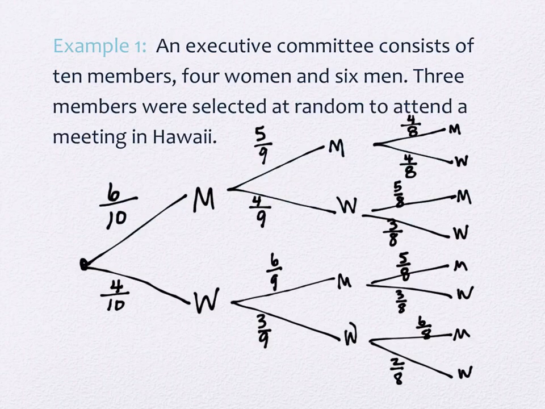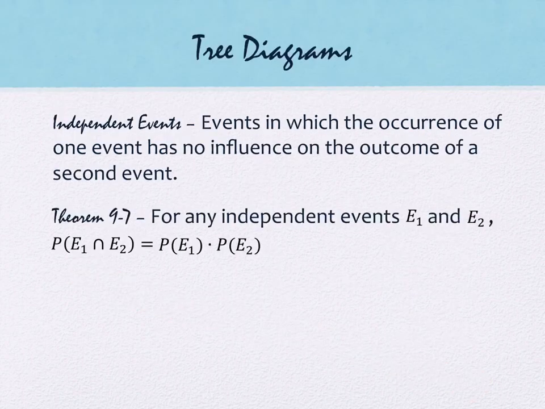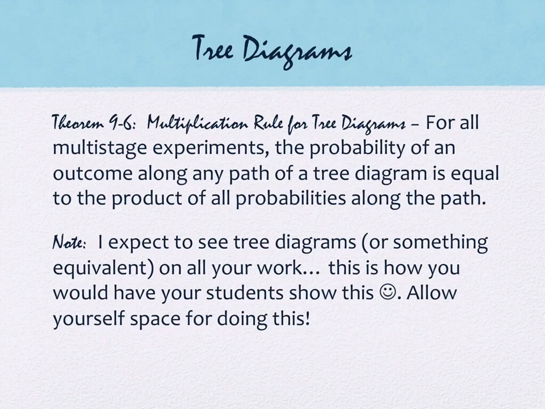So on our tree diagram, if I want to know the probability of selecting all women, it's asking me about this particular branch. Are you with me? And over here, we found that when we're working with a tree diagram along a specific branch of independent events, which these are independent now because I changed all the probabilities as I went along, I multiply along the branches of the tree diagram.